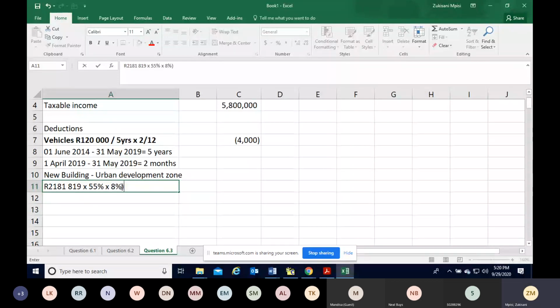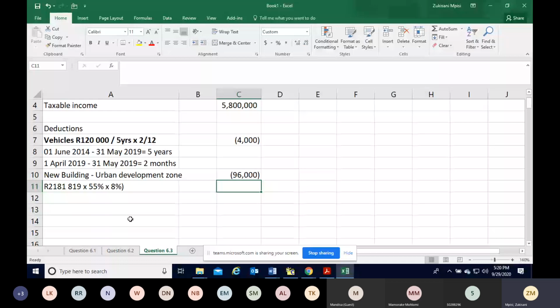This is the urban development zone allowance. So 2,181,819 multiplied by 55%, multiplied by 8%, gives you 96,000.